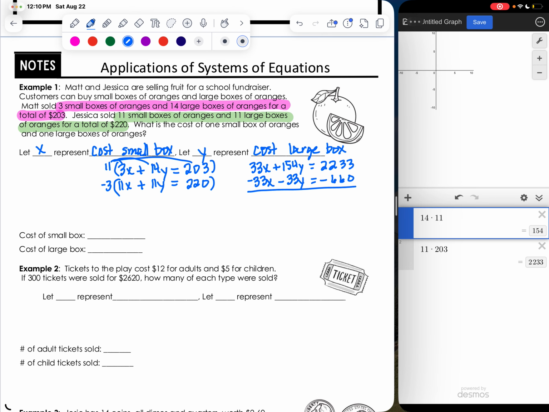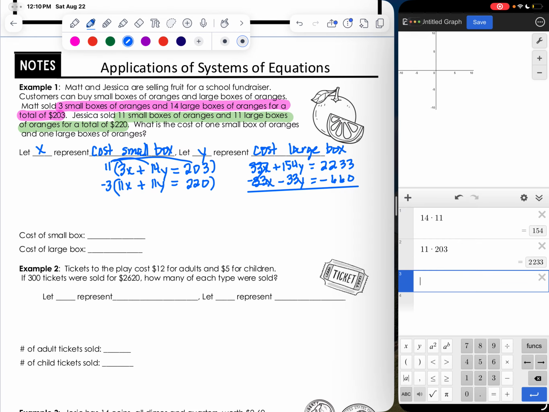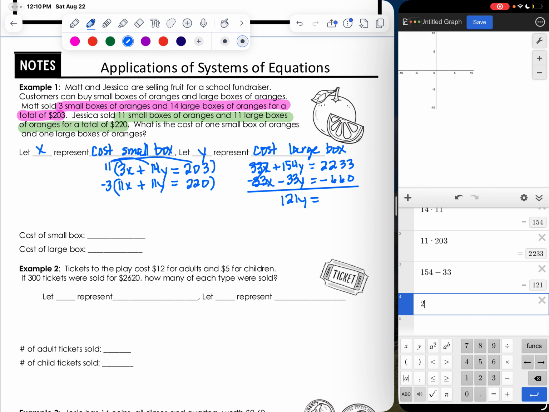Now, draw your line and add these 2 equations together. So the x's will zero out. Then we'll have 154 minus 33, which will give me 121y. And 2233 minus 660 will give me 1573.